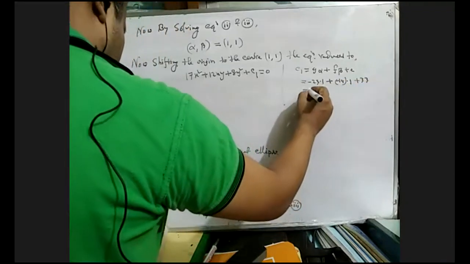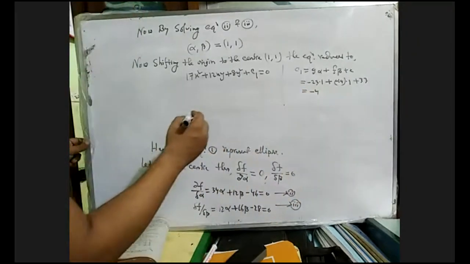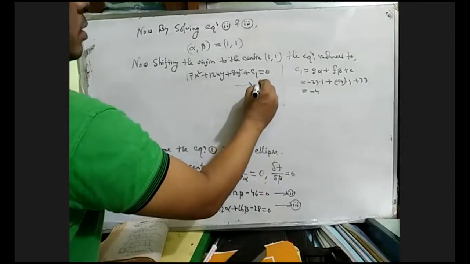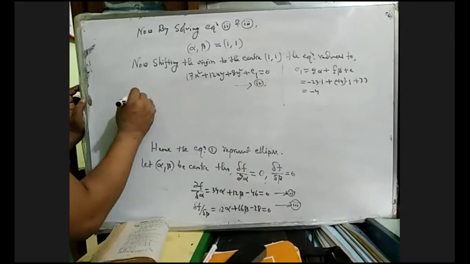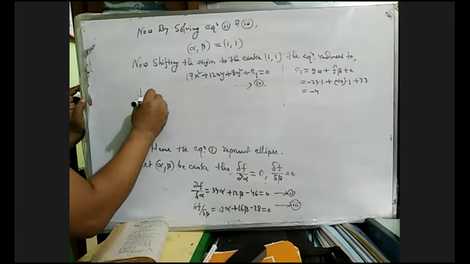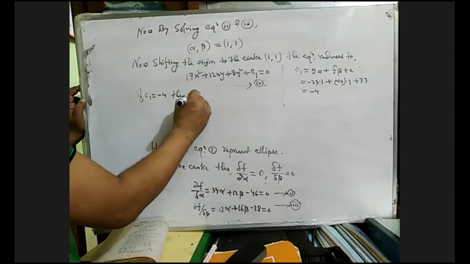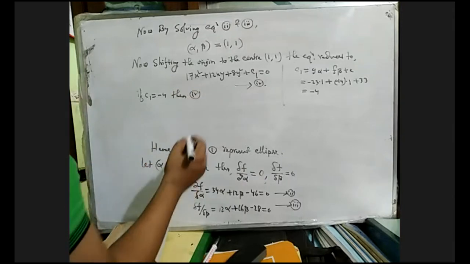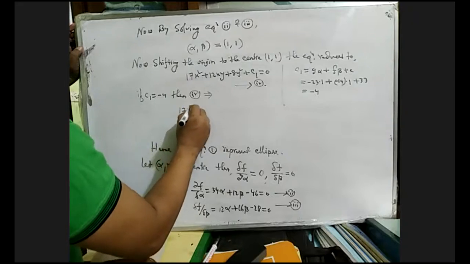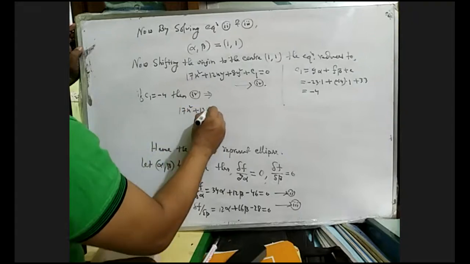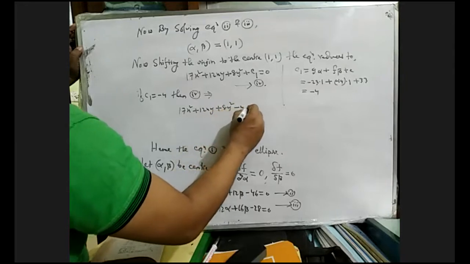So from this C1 equals minus 4, and this is equation number 4. If C1 equals minus 4, then equation 4 reduces to 17x square plus 12xy plus 8y square minus 4 equals 0.